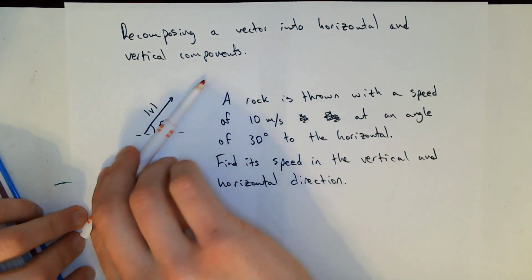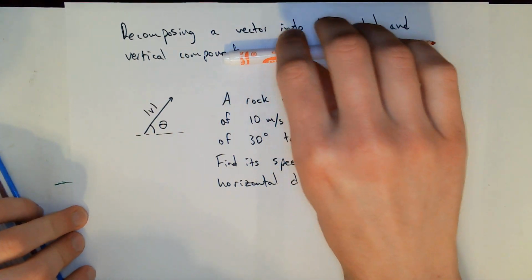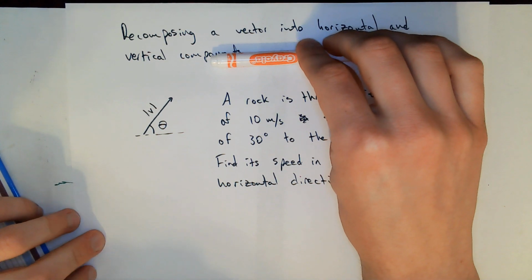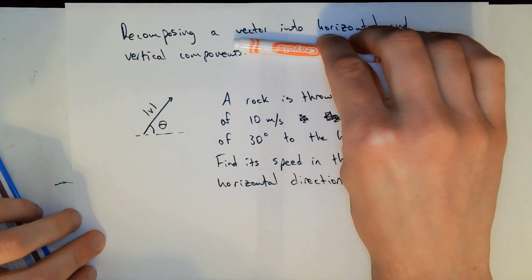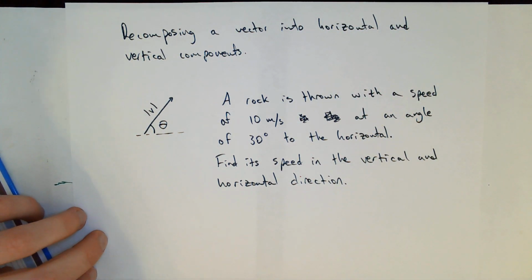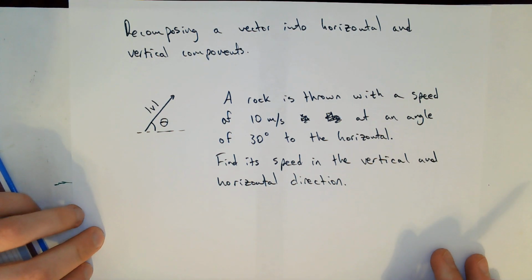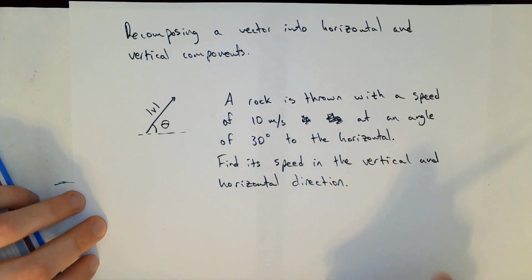It'll be at a maximum right here, and then it'll slow down and reach zero at the very top, right? Its vertical speed will be zero. It'll stop moving up and down for a moment, it'll be suspended, and then it starts to speed up and come back down. So there's lots and lots of things you can say about this sort of projectile motion problem, but the very first thing you need to know how to do before you can get anywhere is how to decompose this vector.